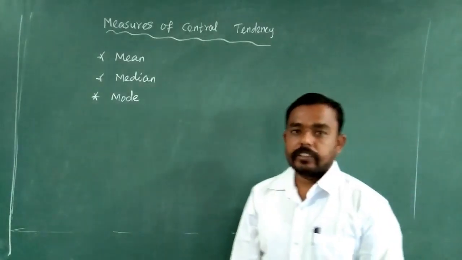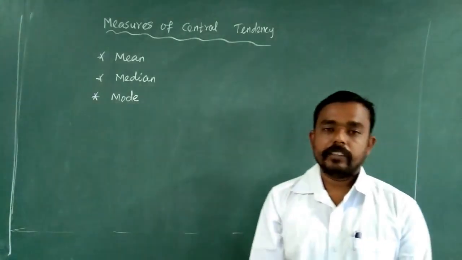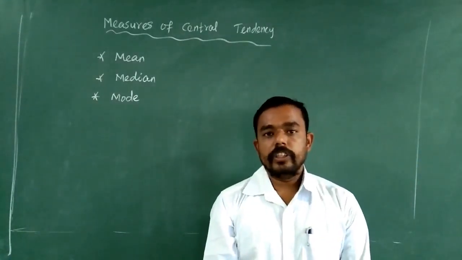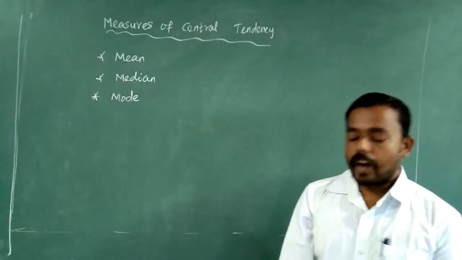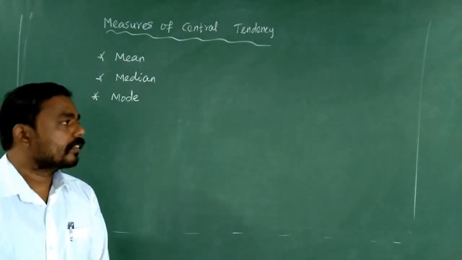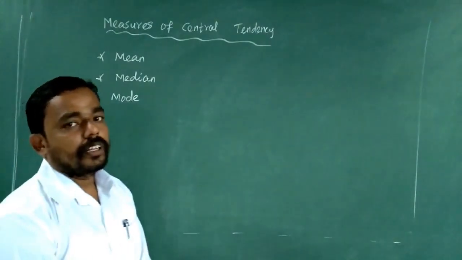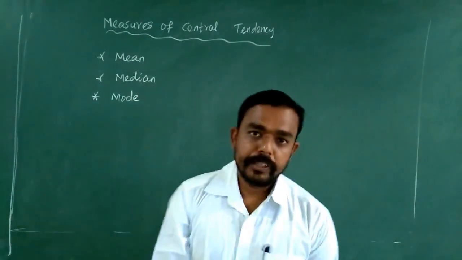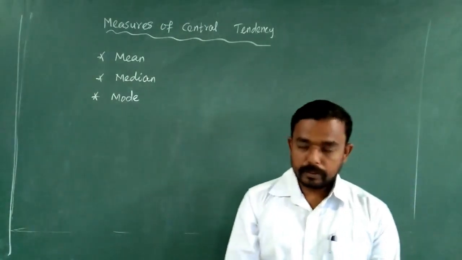If you have an odd number of data, then the middle term is the median. If you have an even number of data, like 10, 12, 6, then what is your median? Median is the average of the middle two terms.